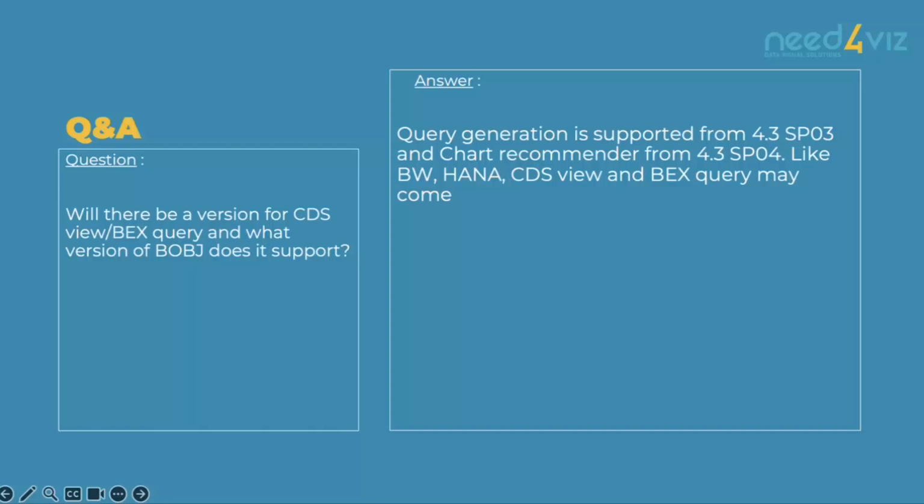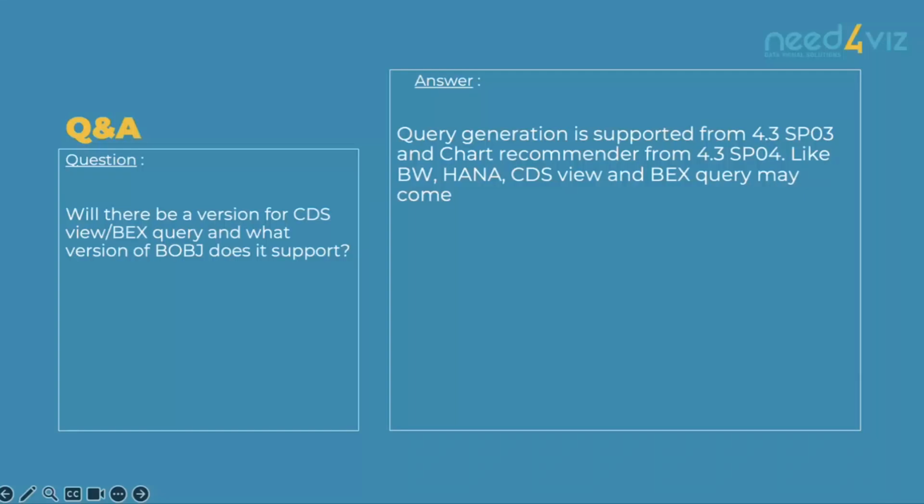Fabulous. Next question, will there be a version for CDS view and BEx query? And what version of Object does it support? Yeah, so this answer is not really dependent on us. It's really dependent on the SAP integration points that they provide for us. And so the natural language query generation is supported from 4.3 SP3 and higher.